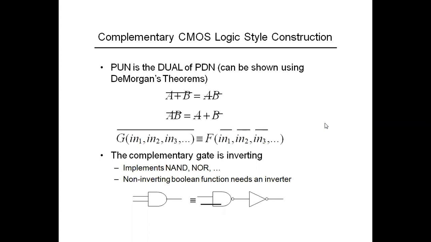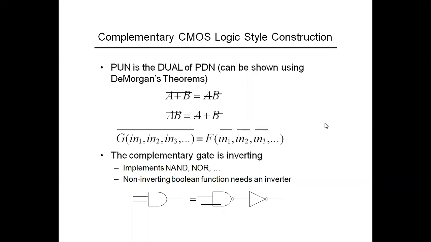So in case of a plus, that means it is an OR operation, right? (A or B) bar is equal to A bar and B bar, and (A and B) bar is equal to A bar plus B bar. If you analyze this using De Morgan's theorem, you will come to know that the pull up network and pull down network are dual of each other, right?